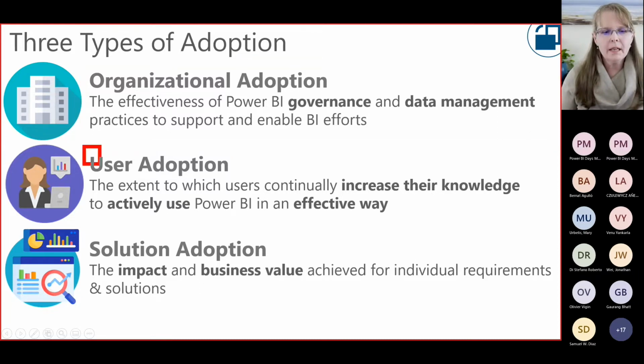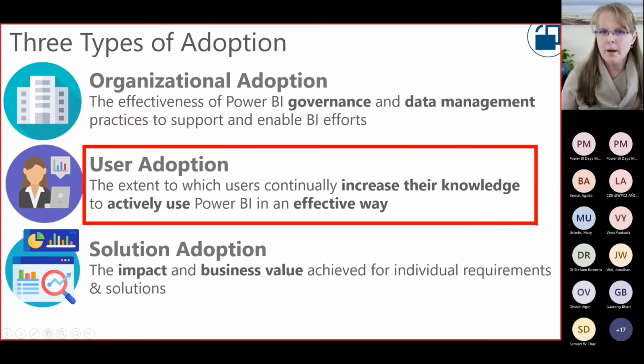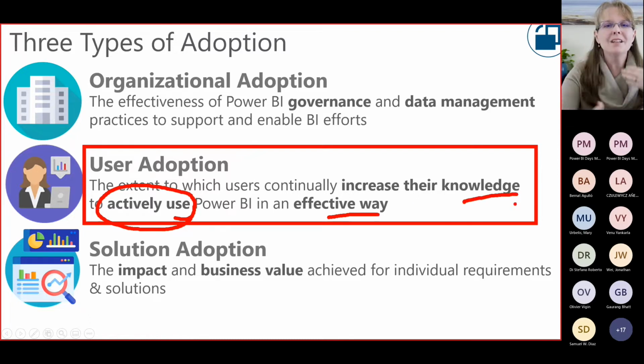Now, everybody likes to use the term user adoption, and that's fine. For purposes of the adoption roadmap, what that means is more about, yes, it is absolutely being actively used, but in an effective way and in a way where people continually get better and they know more, so they do things better.